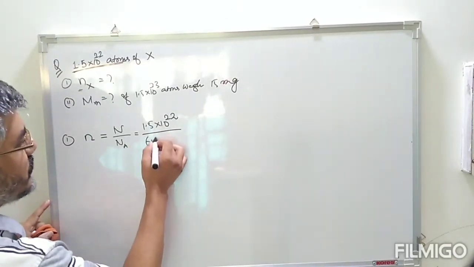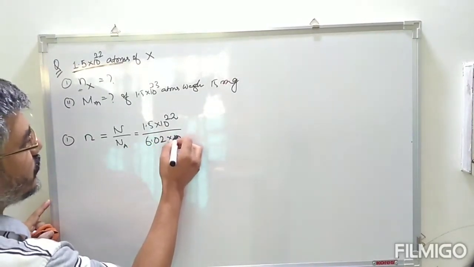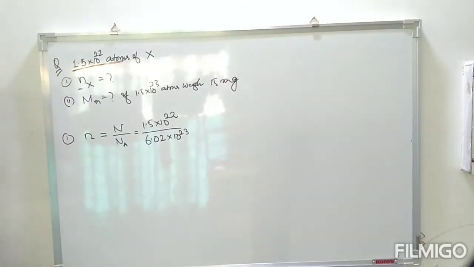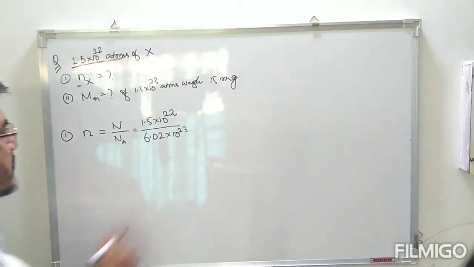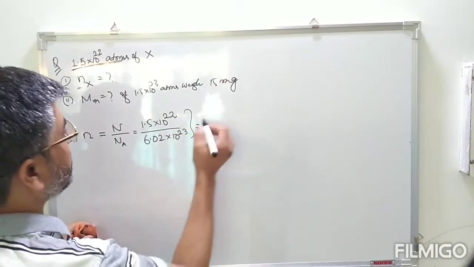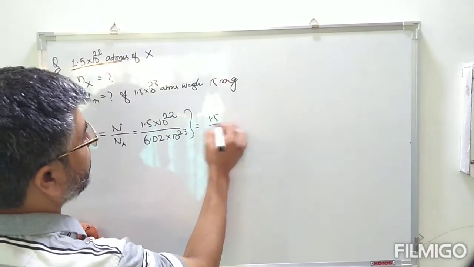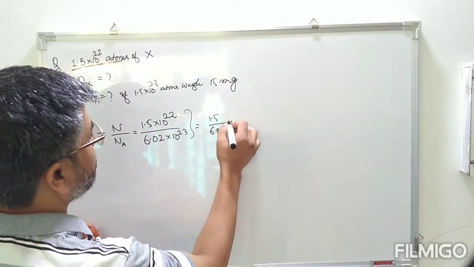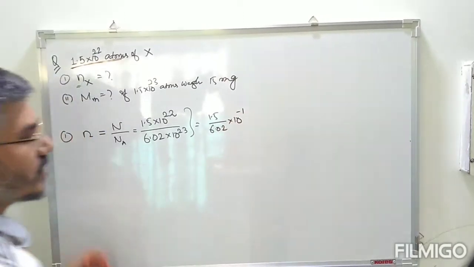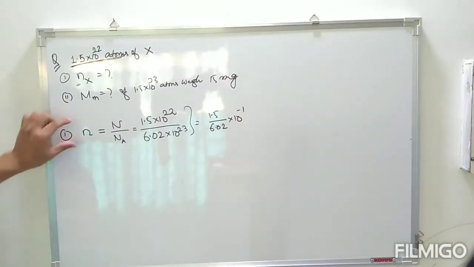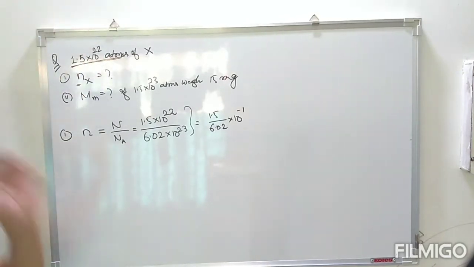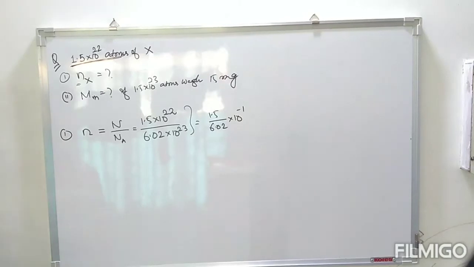Avogadro number is 6.02 into 10 to the power 23. So 1.5 divided by 6.02 into 10 to the power minus 1. So this is the number of moles corresponding to 1.5 into 10 to the power 22 atoms of element X.